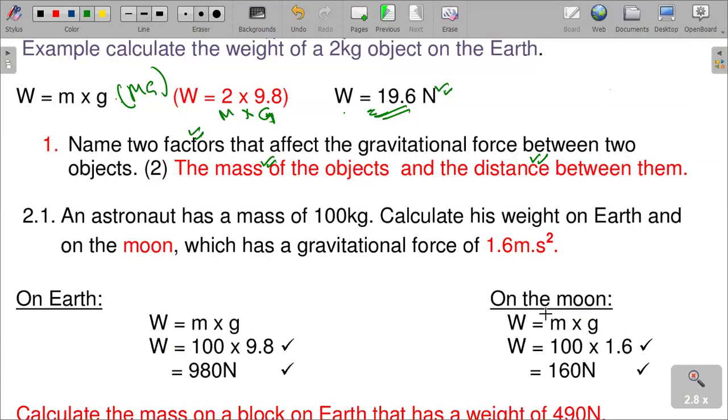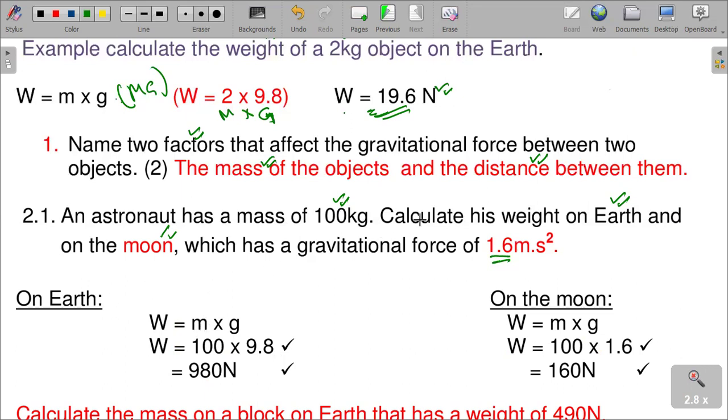An astronaut has a mass of 100 kgs. Calculate the weight on Earth and on the Moon, which has a gravitational force of 1.6.